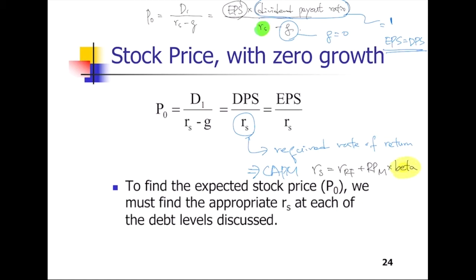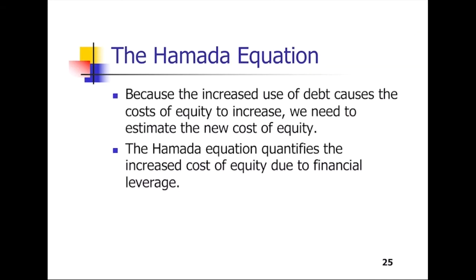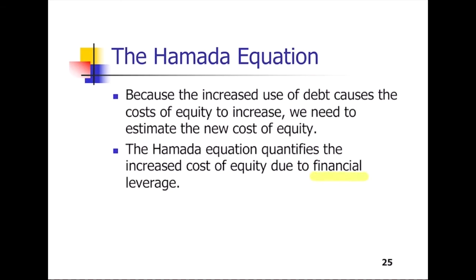How can you know? There are some equations regarding this, Hamada equation. The Hamada equation quantifies the increased cost of equity due to financial leverage. The financial leverage, it means new debt issue, right?